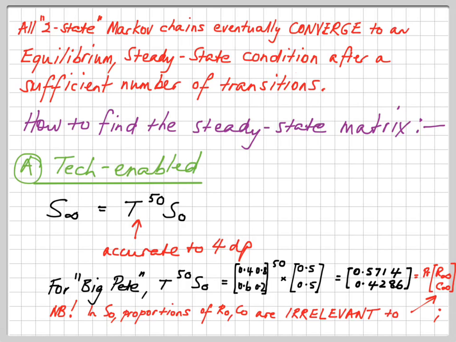What the long-term steady state is going to be only depends on the transition matrix, okay? Isn't that interesting? All initial state matrices will converge to the same values as we just got there for Big Pete. Fascinating, isn't it?